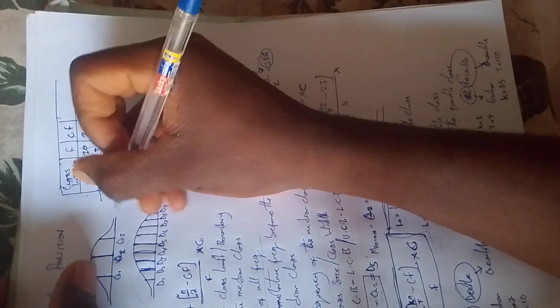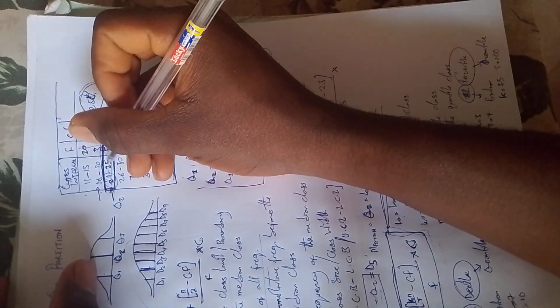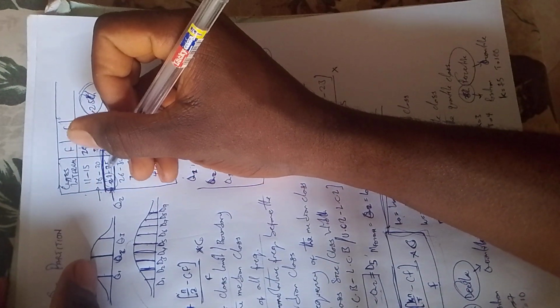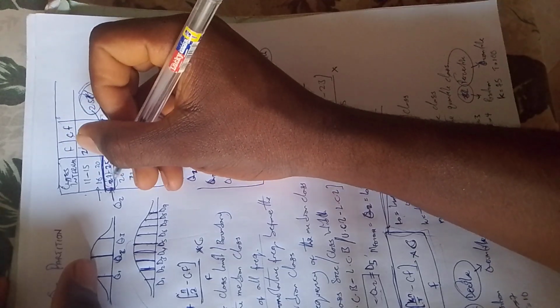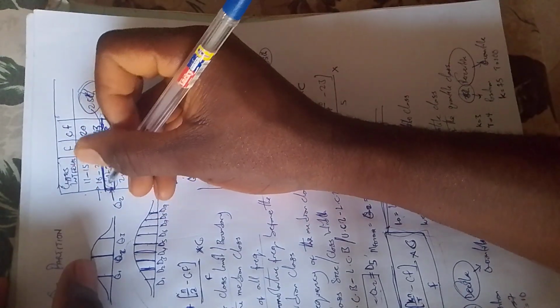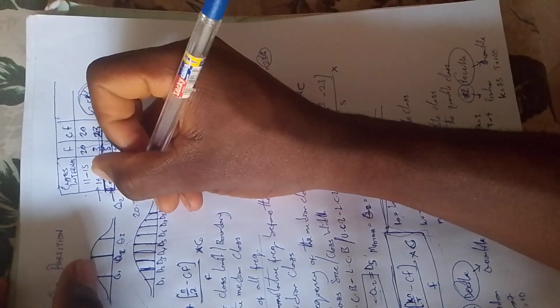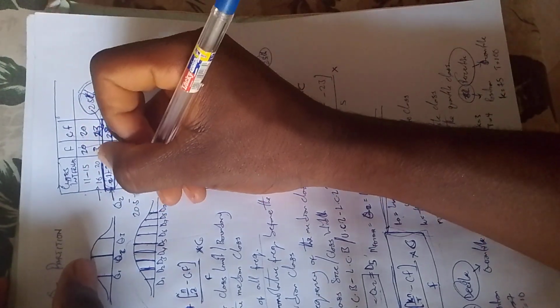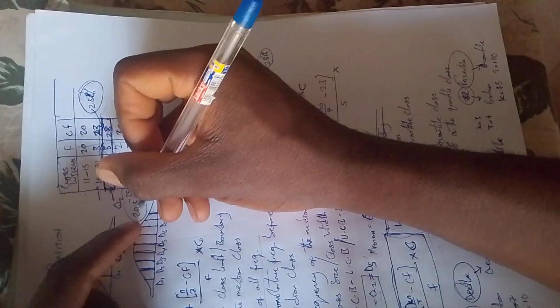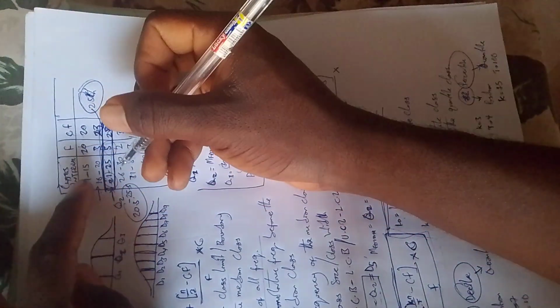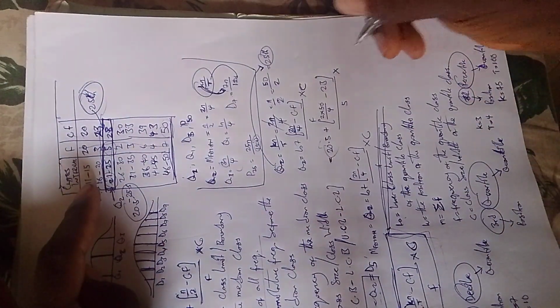So my C in this case, because I used class boundary, is the difference between the upper class boundary and the lower class boundary of the second quartile class, my Q2. That's 21 to 25, the lower class limit and upper class limit. So the class boundary will be, subtracting and adding 0.5, 20.5 to 25.5. If I subtract the two, I will get 5.